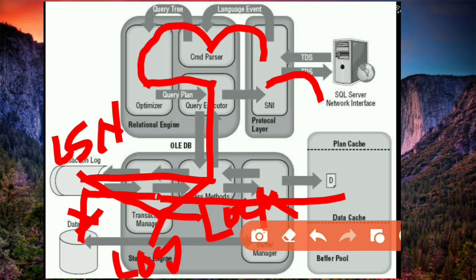From the buffer pool, there is a process, the log writer, which writes the data from the buffer pool to the data file at certain intervals, once the checkpoint occurs. So what is this checkpoint actually? A checkpoint is an internal process that writes the data from the buffer pool to the data file. This process works like that.